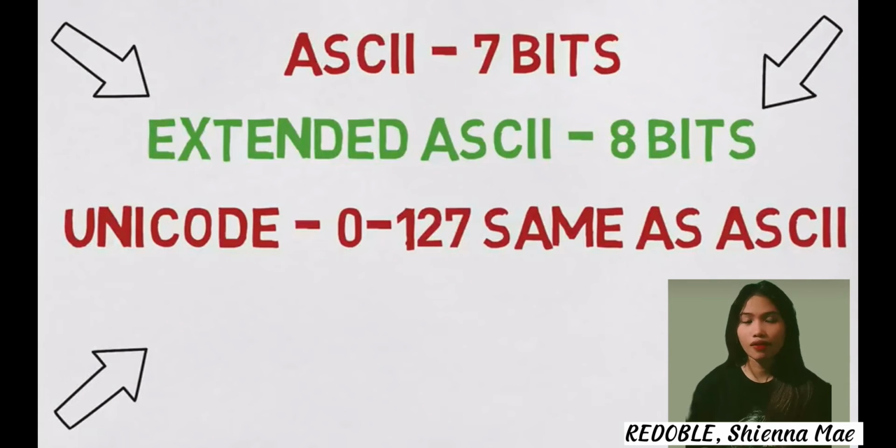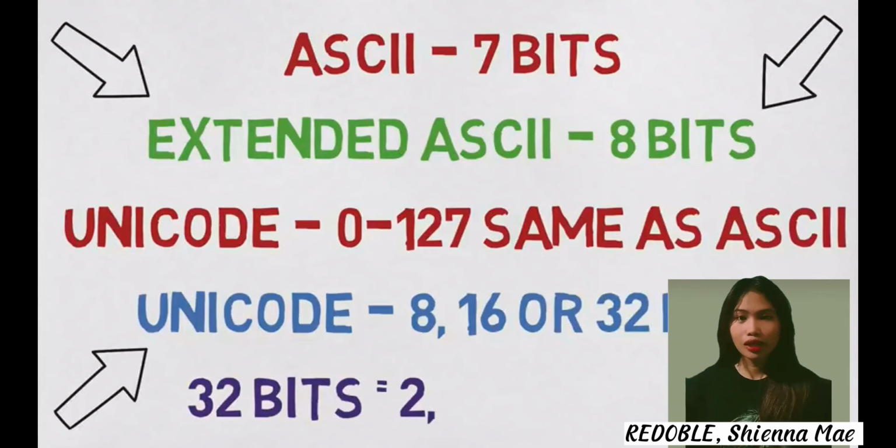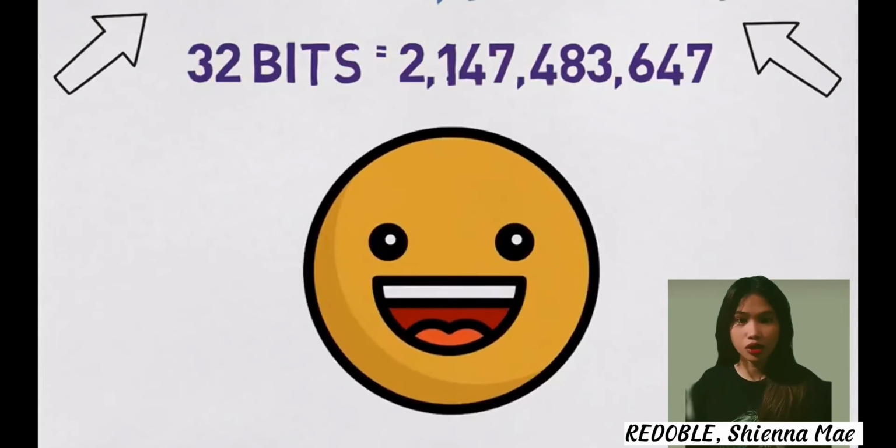Unicode is the same thing as ASCII for the first 127 symbols or characters, and Unicode can support far more characters by using 8, 16, or even 32 bits, which would allow the support for 2,147,483,637 different possible characters. That's a lot of emojis.